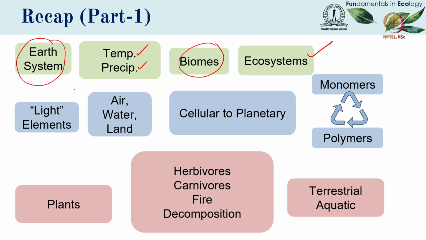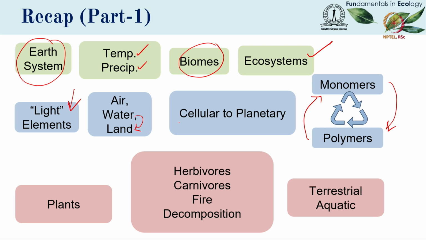Life consists of a few light elements which are obtained from the atmosphere, and they are passed from air to living organisms and then from water and land. And one basic property of life forms is how monomers, or basic building blocks, are converted to polymers and then released back into the air as building blocks again.